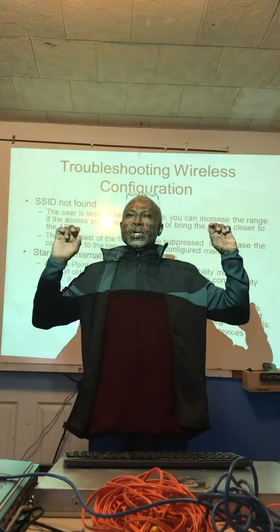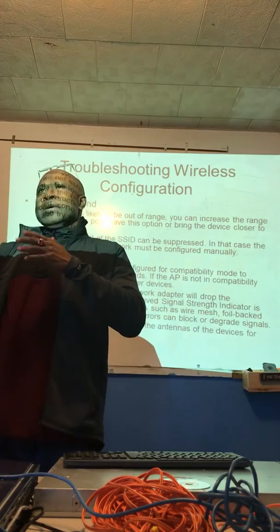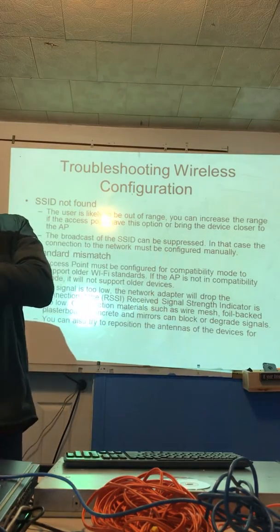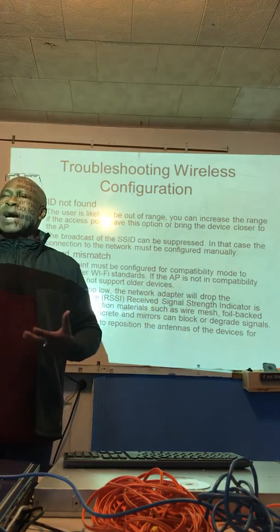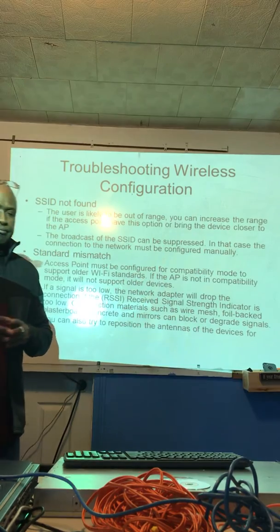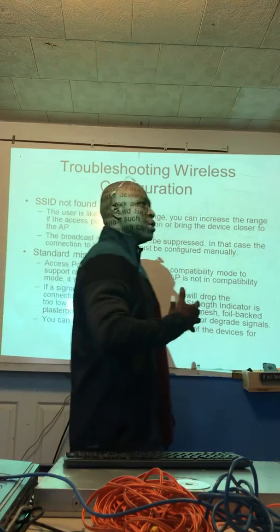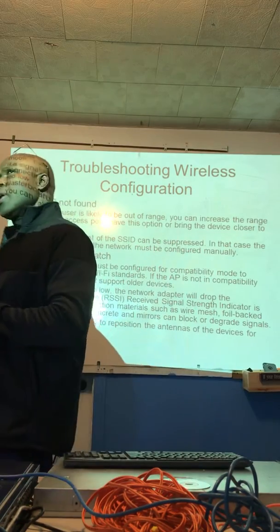You can see when you go to a construction place, those plasterboards, but in the back of the plasterboard they have a layer of foil. So those types of materials are not dealing well with wireless signal. They can block the wireless signal.